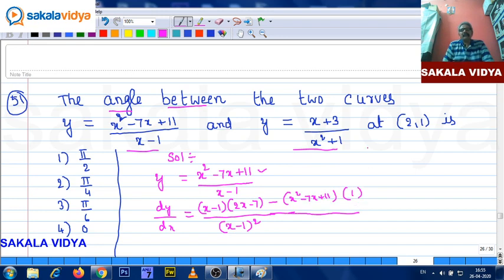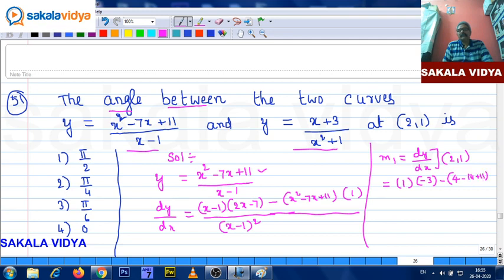Now, you need not simplify, directly let us find m1. m1 is equal to dy by dx at 2 comma 1, let us substitute x as 2. So, here we have 2 minus 1 is 1, into 2 into 2 is 4 minus 7 is minus 3, minus 2 square 4 minus 14 plus 11, by x minus 1 whole square is 1.